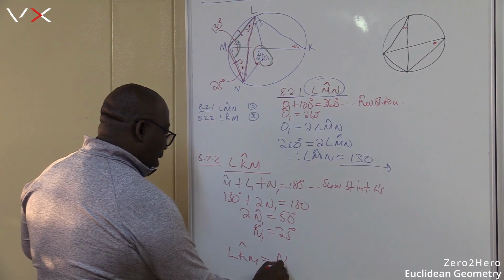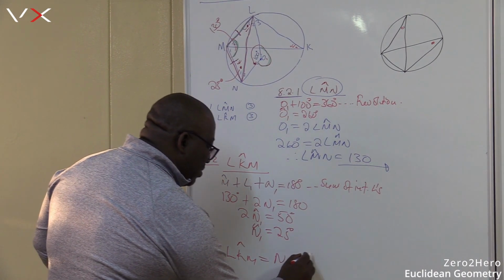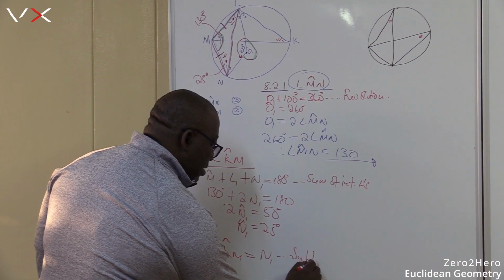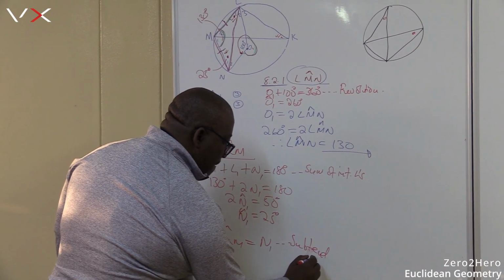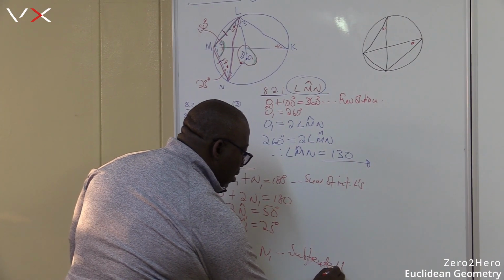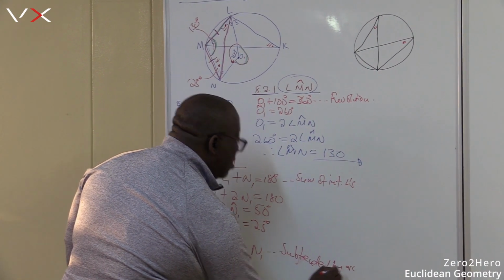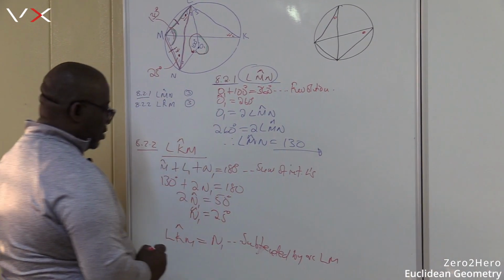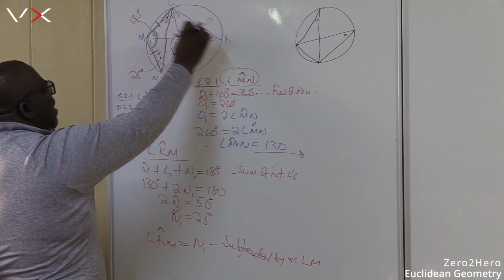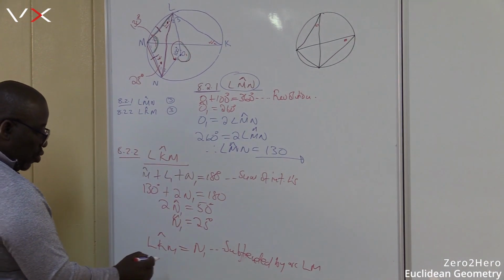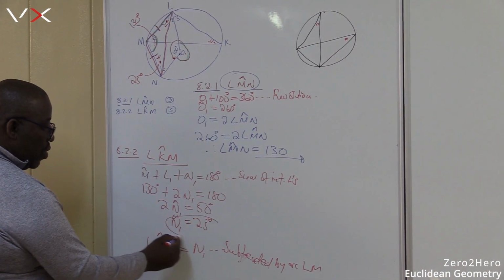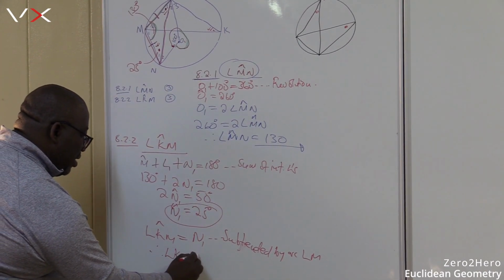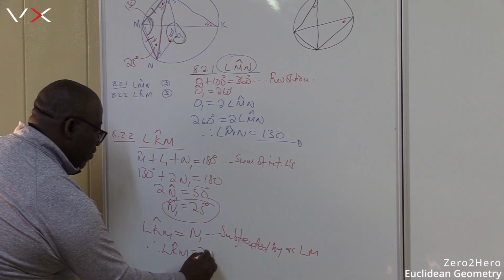Why? Subtended by arc LM. So these two are subtended by the same arc. But do we know what N1 is? Yes, we know what N1 is. Therefore, LKM is also equal to 25 degrees.